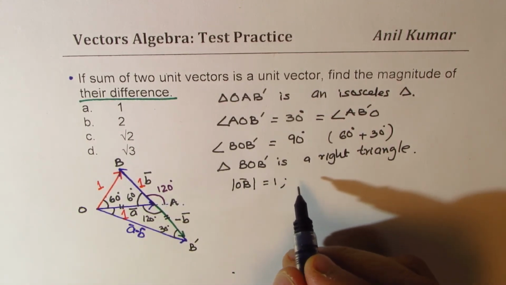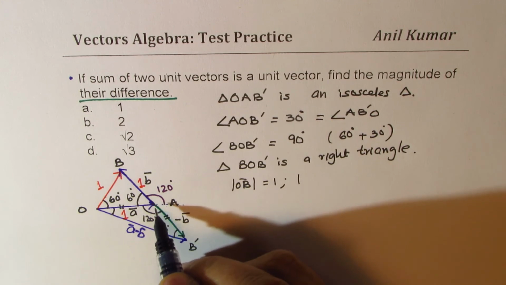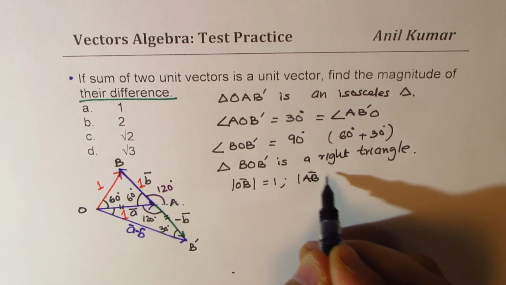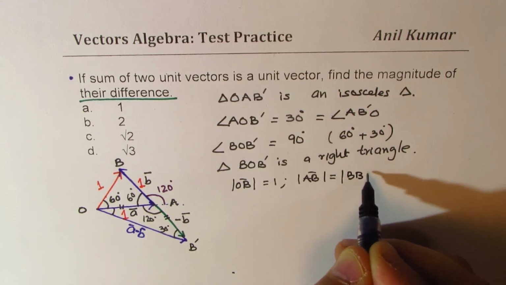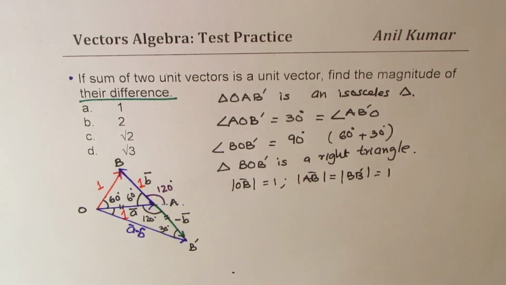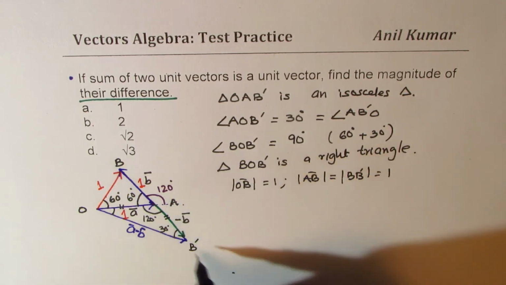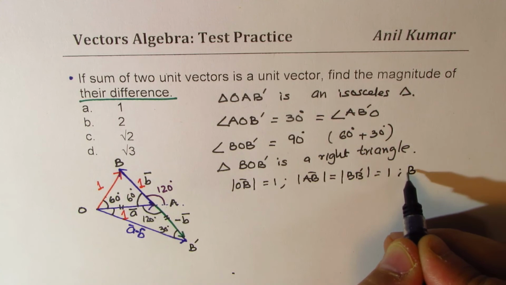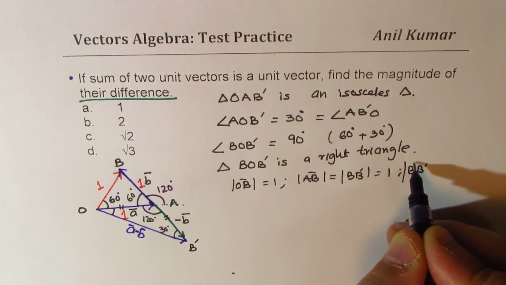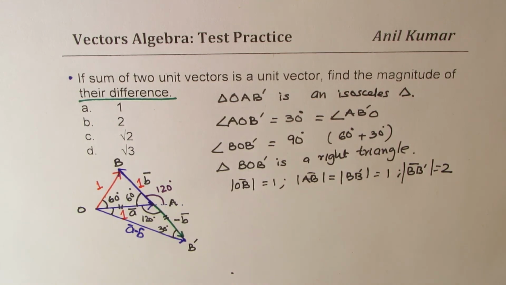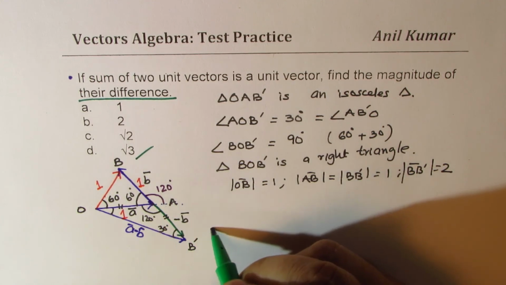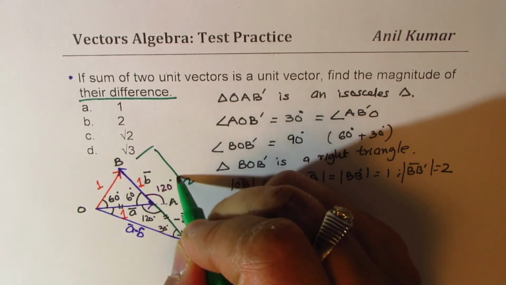We also know that the magnitude of AB is equal to the magnitude of BB dash, correct? Which is also equal to 1, right? So the sum, which is the magnitude of BB dash, is basically 2, right? So from this situation, we know that the magnitude BB dash is 2 units, correct?